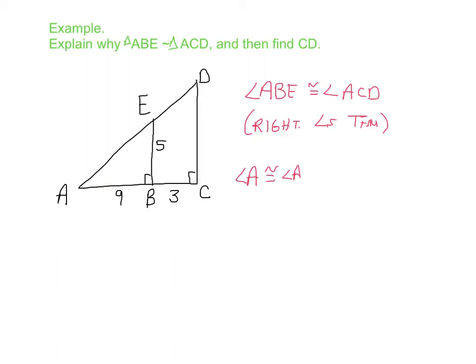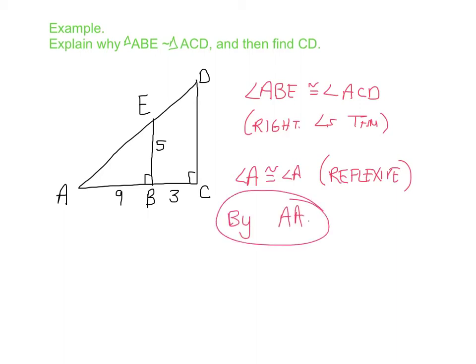What's our reasoning for that? If it's the same thing, well, that's reflexive. It's like looking in a mirror. You're saying that the same thing is congruent to itself. So then why are they similar? Well, we know that by angle-angle. So that's our explanation. This is what your homework should look like, showing a few steps and stating why.